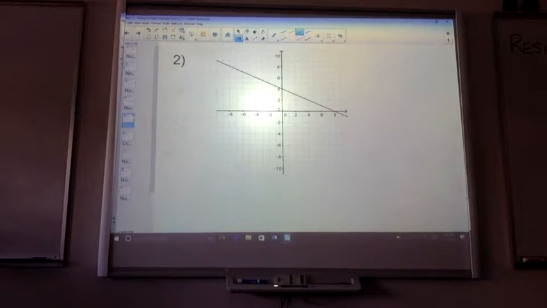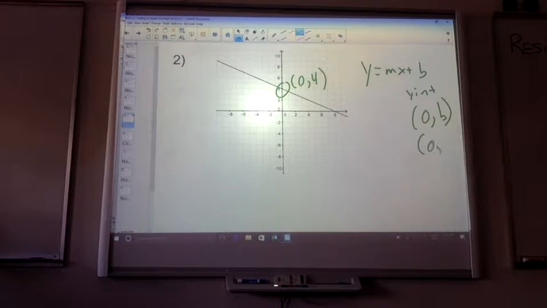Problem number 2. Again, I'm going to use y equals mx plus b, which is slope-intercept, correct? Where the y-intercept is the point 0, comma, what in relation to this problem? 4. So our b value is 4.